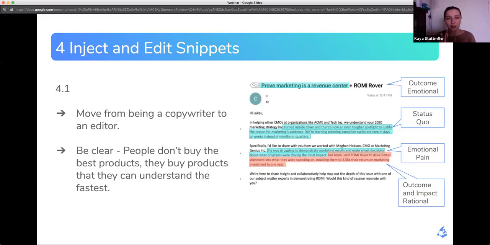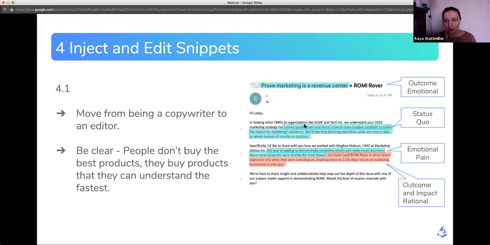The time you save by writing those emails is significant, because you are just putting things together. You don't have to think, oh my God, what should I write in this email. You are basically moving from being a copywriter to being an editor.